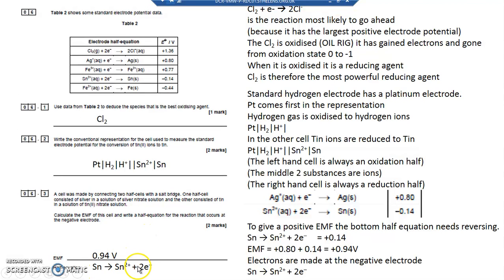Oxidation is loss of electrons. So that's an oxidation half equation, or you could say it's going from oxidation state 0 up to +2. The oxidation state is going up, an oxidation half, making electrons and making the electrode negative.